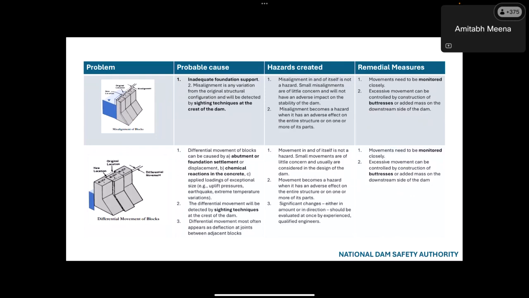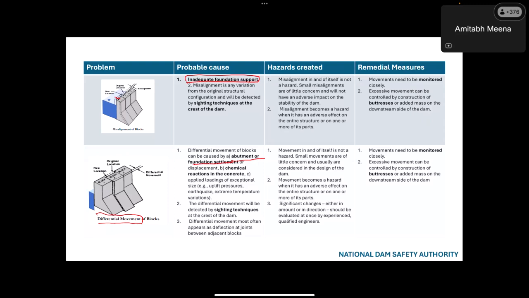Maybe they are probably because of inadequate foundation support, or a problem in the abutment. These two problems are there, and because of that this happens.